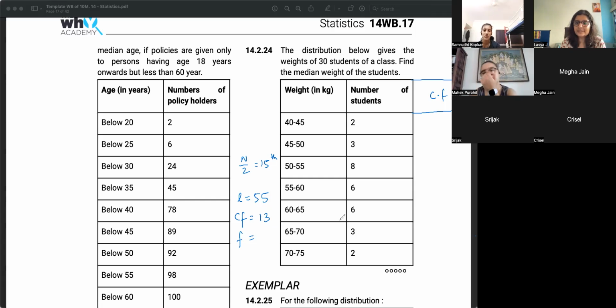F is regular frequency only. F is not cumulative frequency. So the value of F is this only, 6. And then H equal to 5. No, don't apologize. That's what we are here to correct, no? Okay, so now you know. And once you do the calculation, it should come out right.